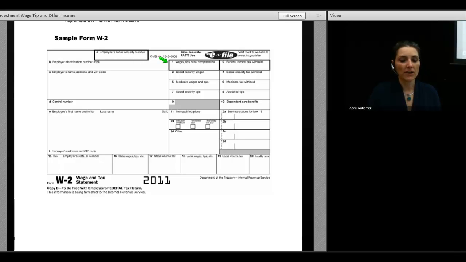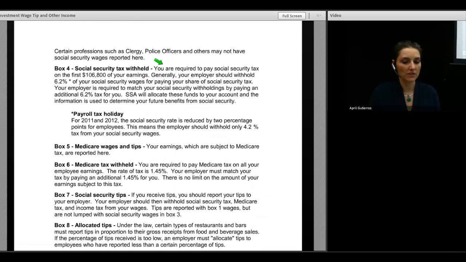And if Betty does not keep a tip log, she's going to need to take Box 1 and add to that the amount in Box 8, her allocated tips of $4,500, and the total of those two amounts will carry to line 7 of her 1040. Because she kept a tip log, she can ignore the amount in Box 8 and instead enter on her tax return Box 1 of her W-2 plus the actual amount of tips she can prove that she really received, which was another $2,000.